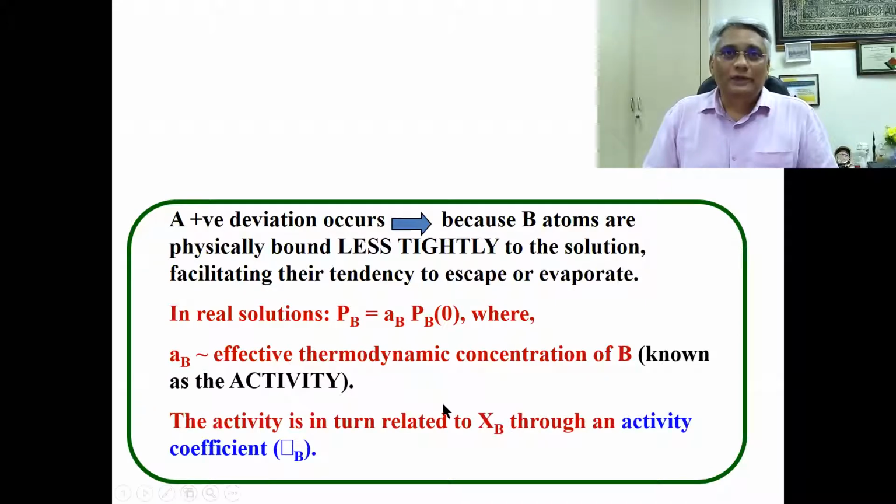Okay. So this activity, AB, is in turn related to XB, the mole fraction, through an activity coefficient, gamma B. There should be a gamma there, it's missing.